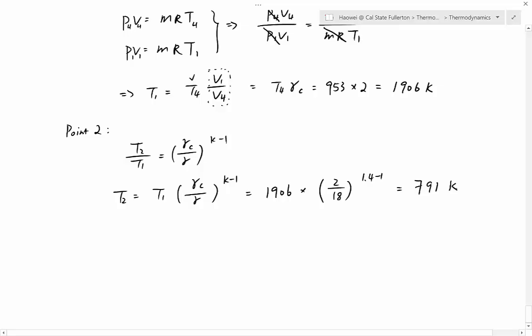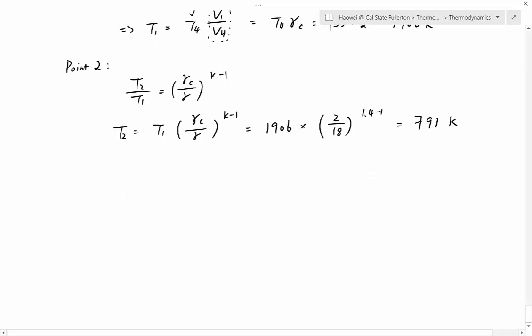So now we have temperature. We're looking for pressure, P2. What goes to your mind? Ideal gas equation. Very good. First of all, you have to apply this equation to number 2 because we're looking for P2, so we have to have T2 show up. And then we apply this equation again.